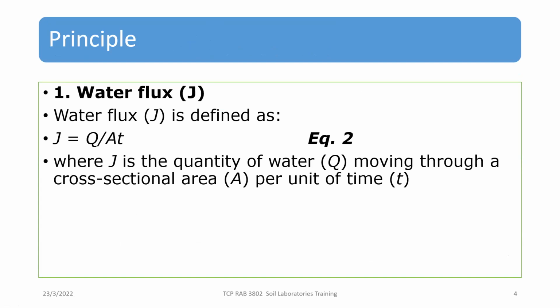Water flux J is defined as J equals Q over A t, where J is the quantity of water moving through a cross-sectional area A of the soil per unit of time t.